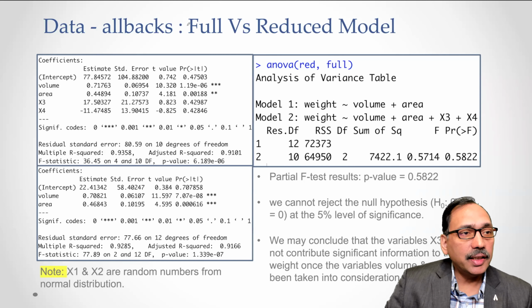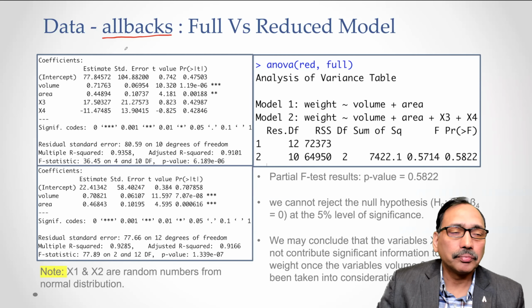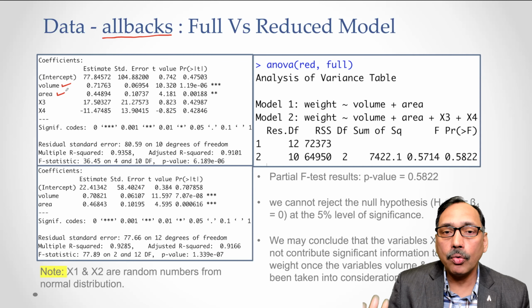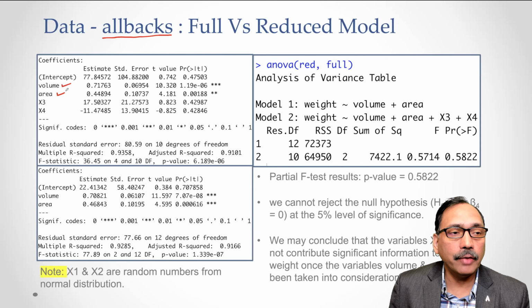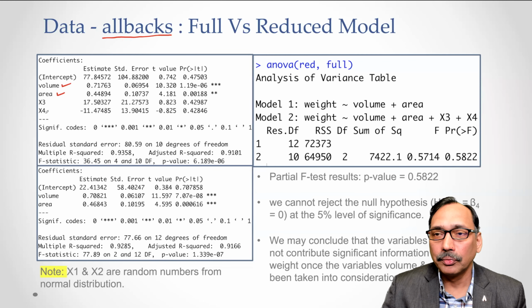Now if you consider our data that we had seen earlier, all backs, where volume and area were two independent variables and weight of the book was the dependent variable. What I did was, apart from those two, I also created two more variables, x3 and x4.